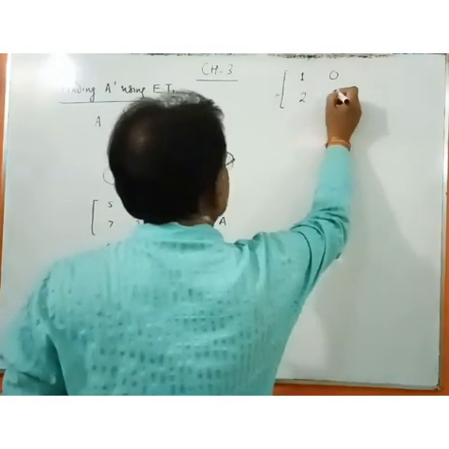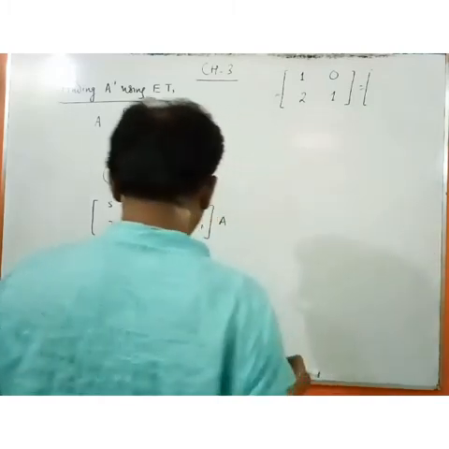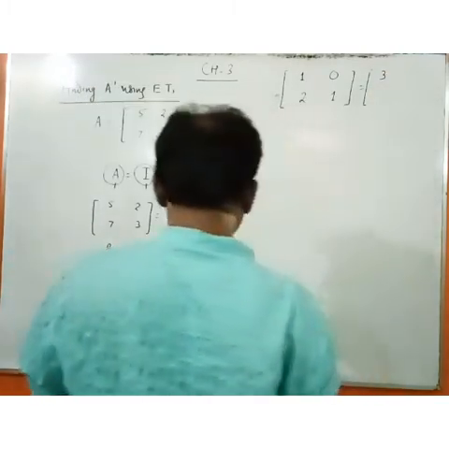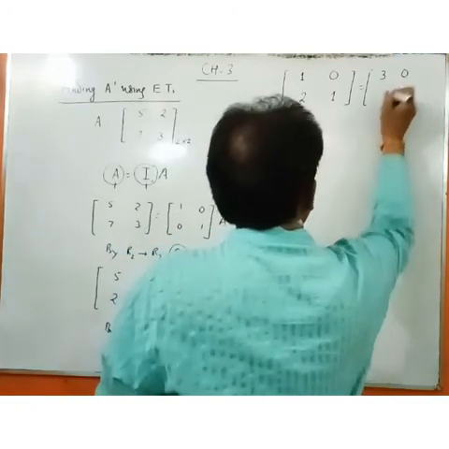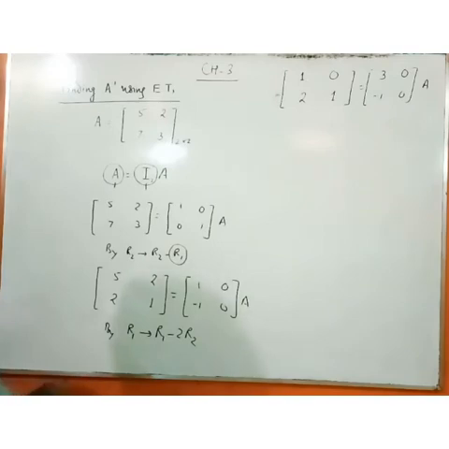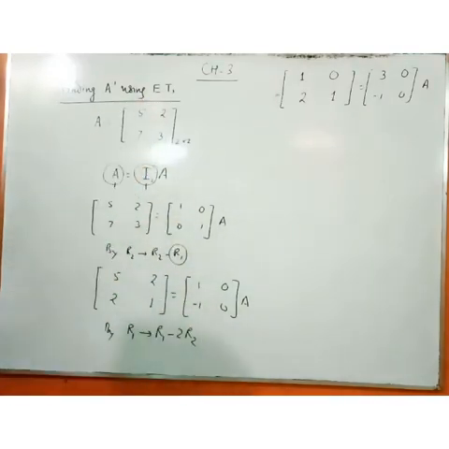Here is 2, here is 1, equal to R1 minus 2R2. So this will become 3. This will remain 0 minus 1, 0. And minus 2, 1 minus minus 2, 3.